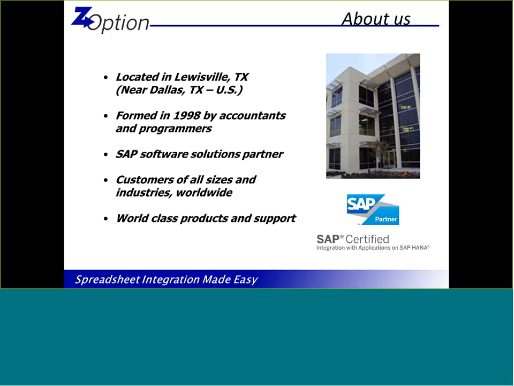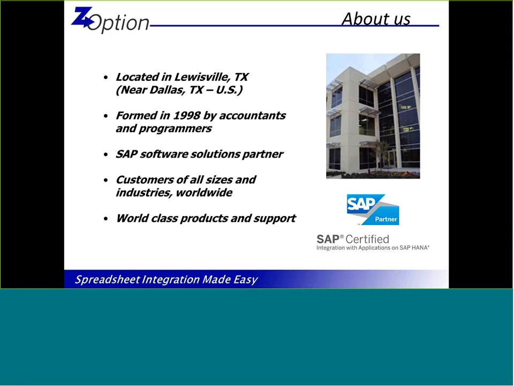I'm going to start and tell you a little bit about Z-Option itself. Z-Option is located in the Dallas-Fort Worth area of Texas in Lewisville. We've been around for about 18 years, and the company was formed by accountants and programmers who were writing certain programs to do what we're going to be talking about today.